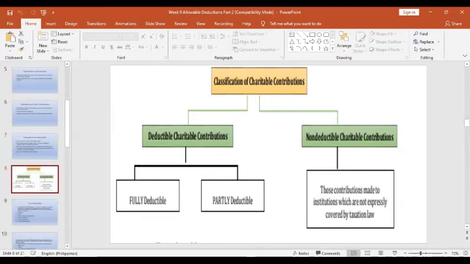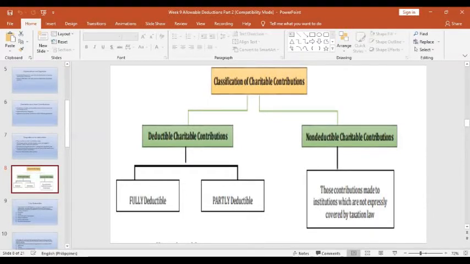So the deductible charitable contributions can be fully deductible to the gross taxable income, and there are some charitable contributions which are partly deductible. When we say partly deductible, we have to compute the actual contribution and the limitations of the contribution.